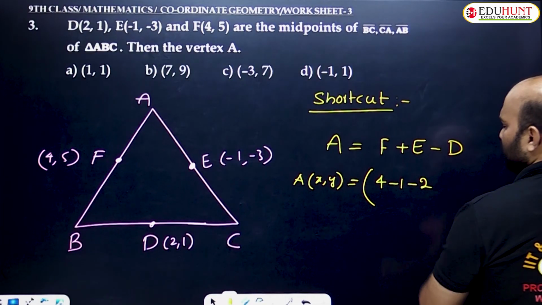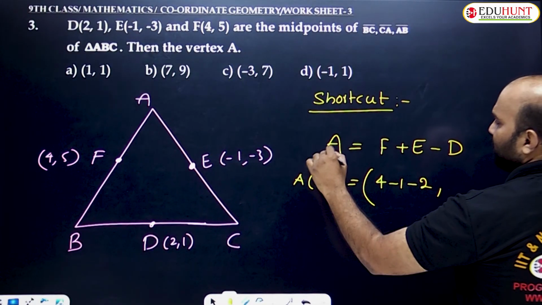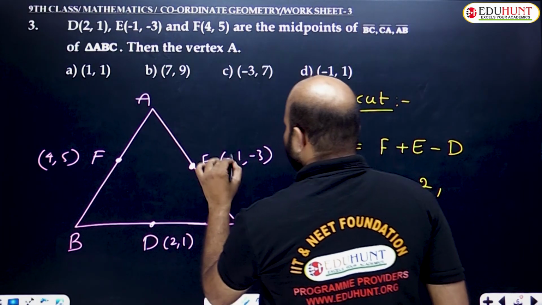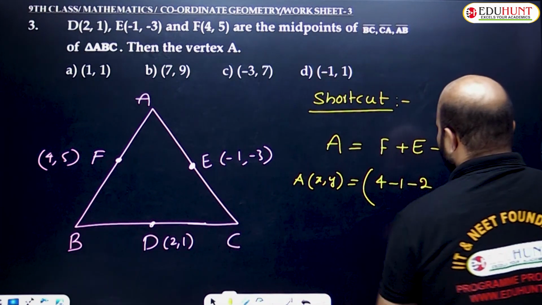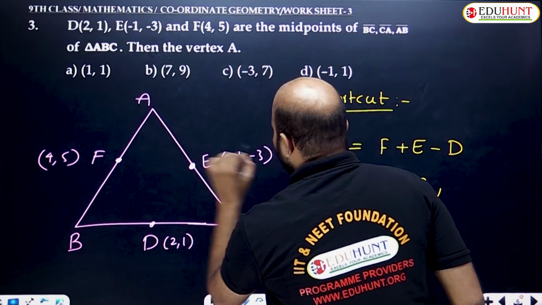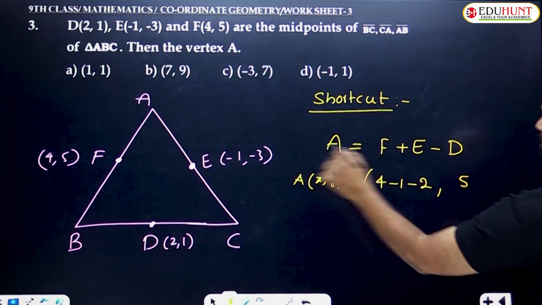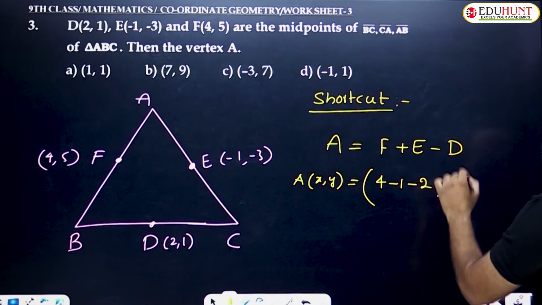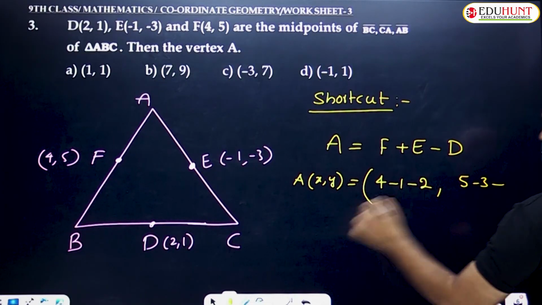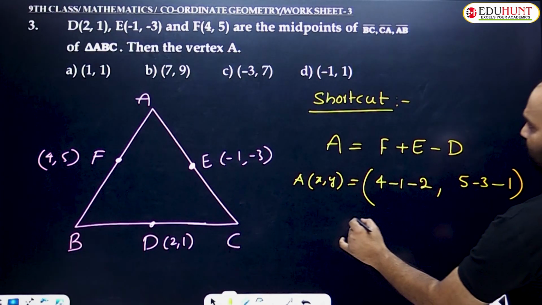So all X coordinates are added: 4 - 1 - 2, since D is minus in that formula. What are the Y terms? Same, the second terms: 5 - 3 - 1. 5 is the Y coordinate of F, -3 is the Y coordinate of E, and minus D's Y coordinate, 1. So this is the required answer.